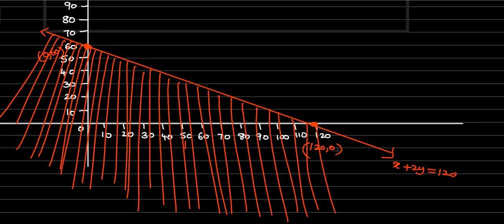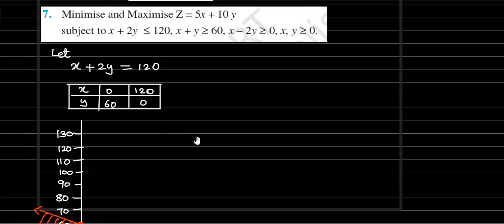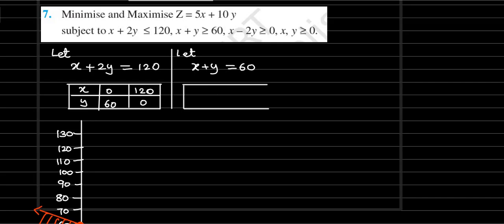Now, in the same way for the other inequalities also, we have to find the solution. Then the common solution space we need to identify. Okay, now let's go with the next inequality. To draw the line, first we have to convert the given inequality into an equation. So let x plus y equal 60.